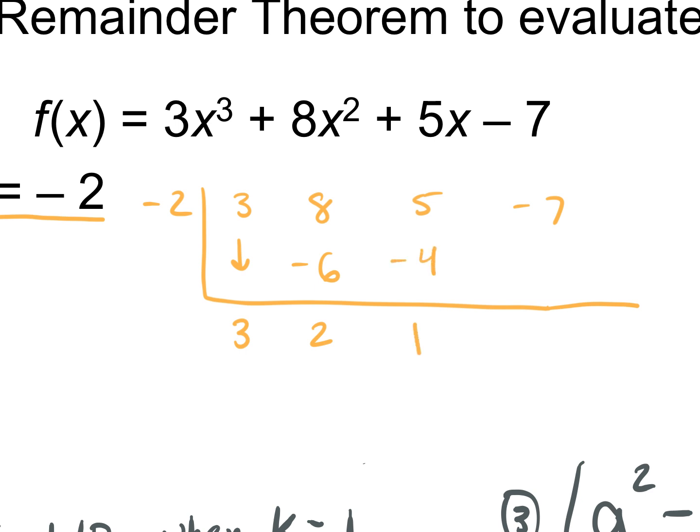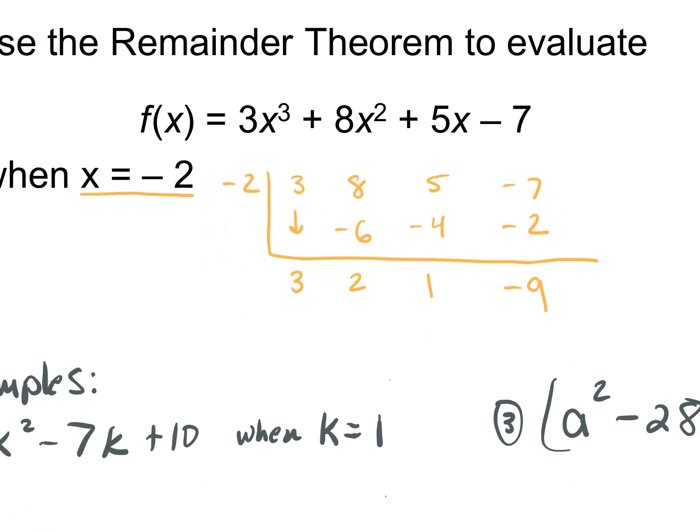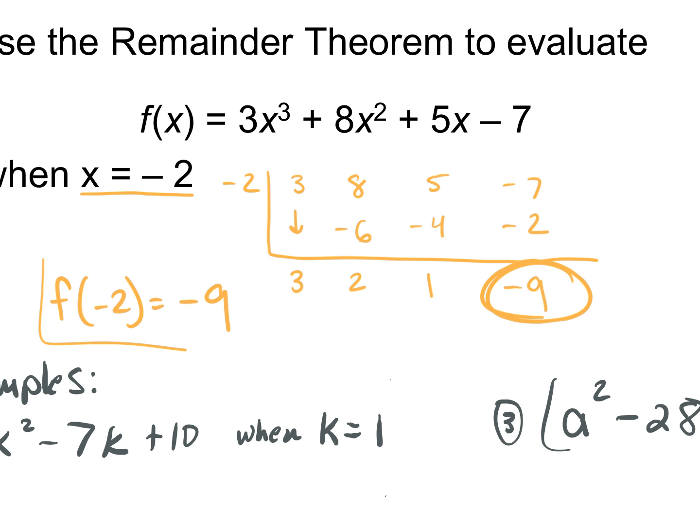We get 1. Multiply on the outside. -2. Add on the inside. -9. What would our answer be here? -9. Just the remainder is our answer. This question's asking me to find f of -2. So f of -2 would just be -9. Just the remainder is your answer.